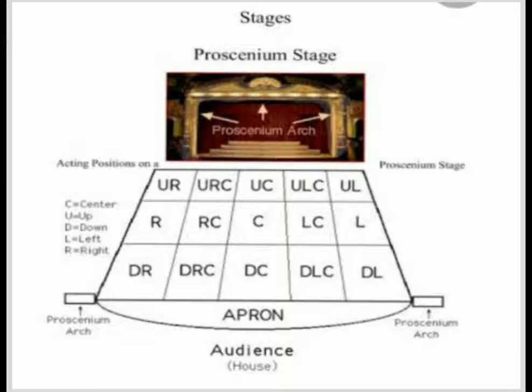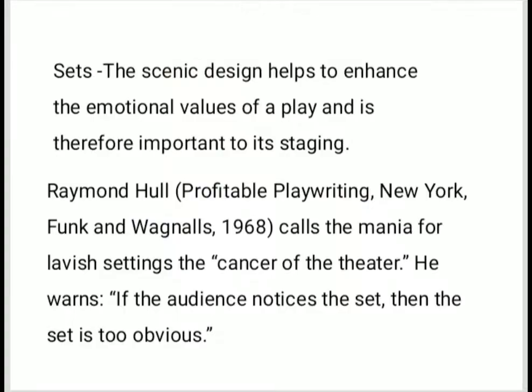The fourth row is the left side: ULC, up left center, LC, left center, DLC, down left center. And the fifth is UL, up left, L, left, and DL, down left. These pictures show the dimensions of the theater stage. That's what we call apron, center, proscenium arch, or audience house seat.